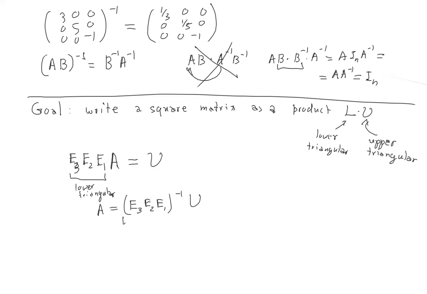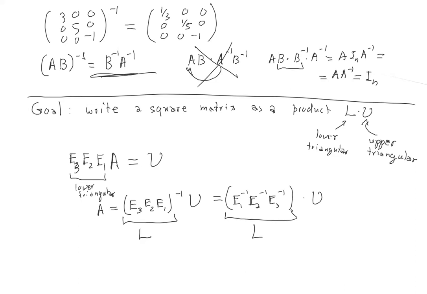And this is pretty much going to be your L. And from this property that I gave you, it will turn out that this is exactly E1 to the -1, E2 to the -1, E3 to the -1. So this will be the matrix L, and the matrix U would be whatever you get. That is the plan. This is how we're going to implement our factorization.